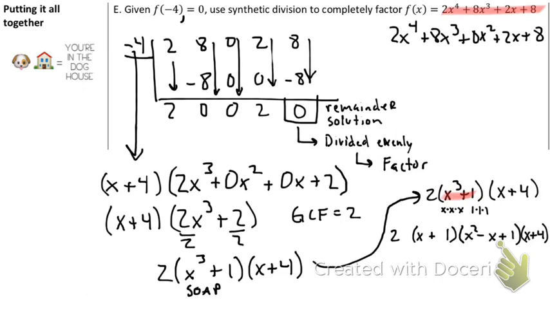So my final factored form is 2 times x plus 1 times x squared minus x plus 1 times x plus 4. And this would be your final answer.